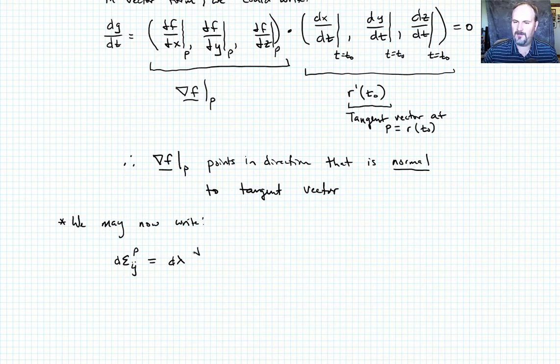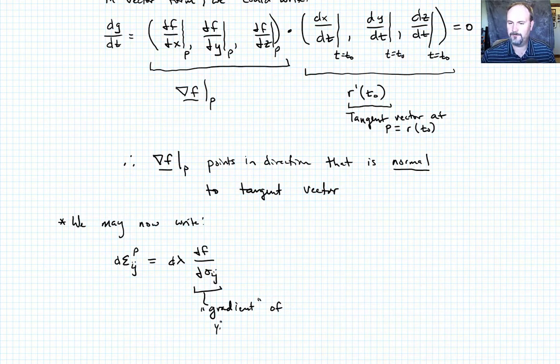Going back into tensor form and out of vector form, the gradient of the yield function is partial f with respect to sigma ij. Let me remind you, this is the gradient, which I can put in quotes if you don't like the tensor gradient. It points in the direction normal to the yield surface.